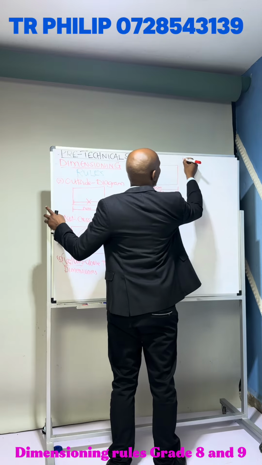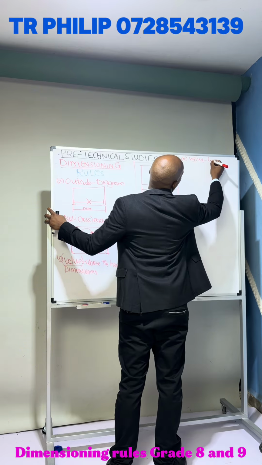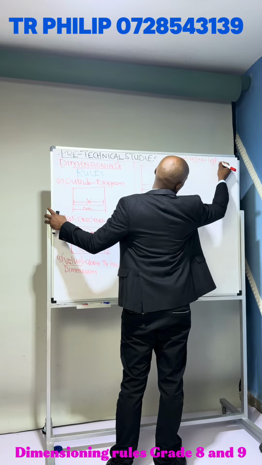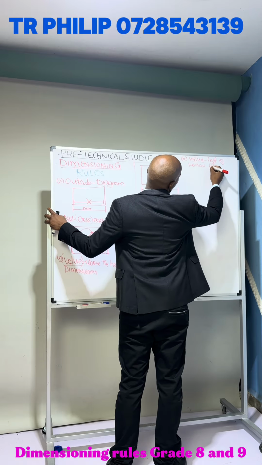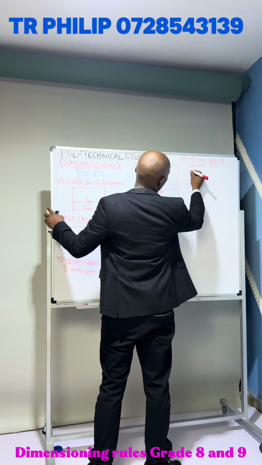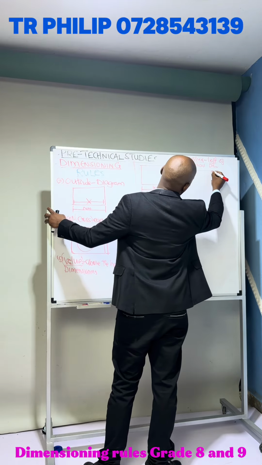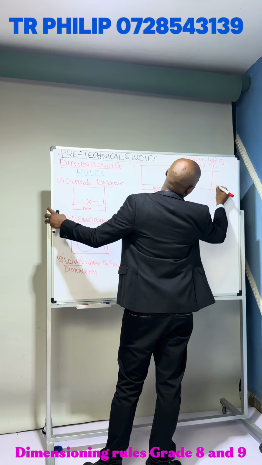Rule number 4 is dimensioning value should be on the left of the vertical dimensioning. Now we are talking about vertical dimensioning.